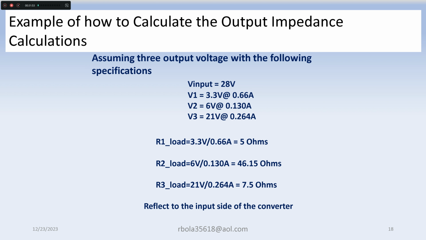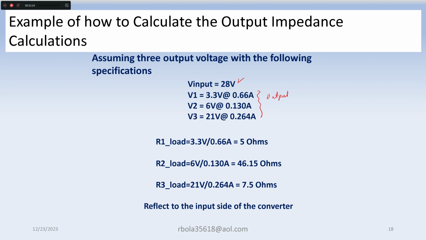Okay, so here's an example of how to calculate the output impedance of a converter, and I'm using an actual design. My input voltage will be 28 volts, and then these are my 3 output voltages, and of course it has the currents listed here.